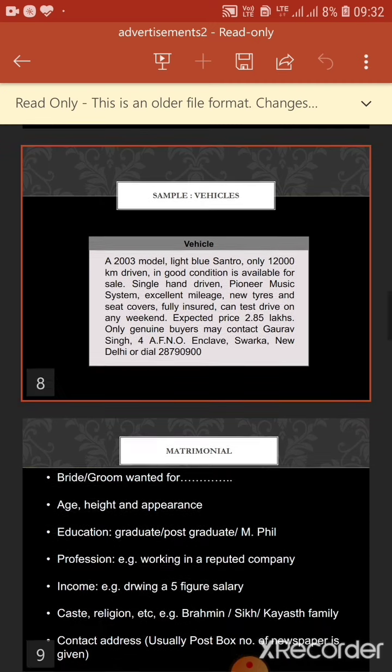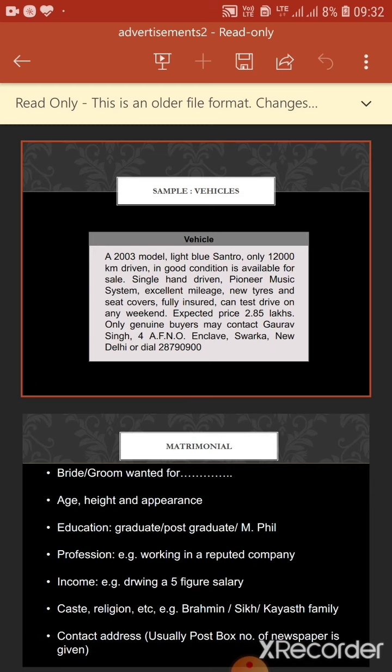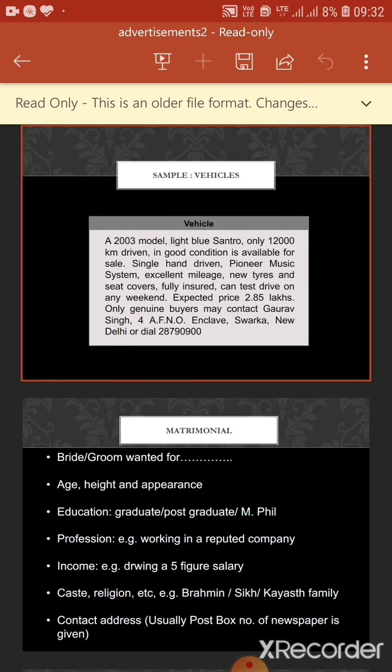Only 12,000 kilometers driving, in good condition, is available for sale. So in the first sentence, model, color, condition, and the distance that it has been driven have also been mentioned. Too many things have been described in the first sentence.